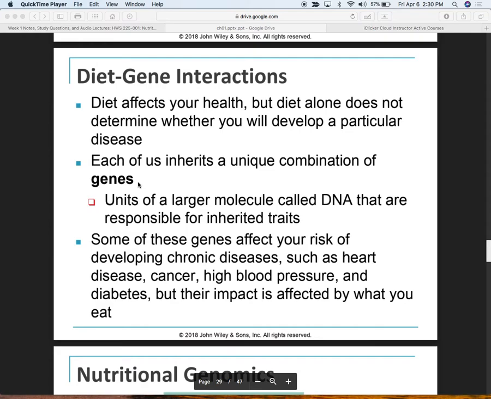And it doesn't work like that. We are complex physiologic systems, and everybody is going to respond differently.